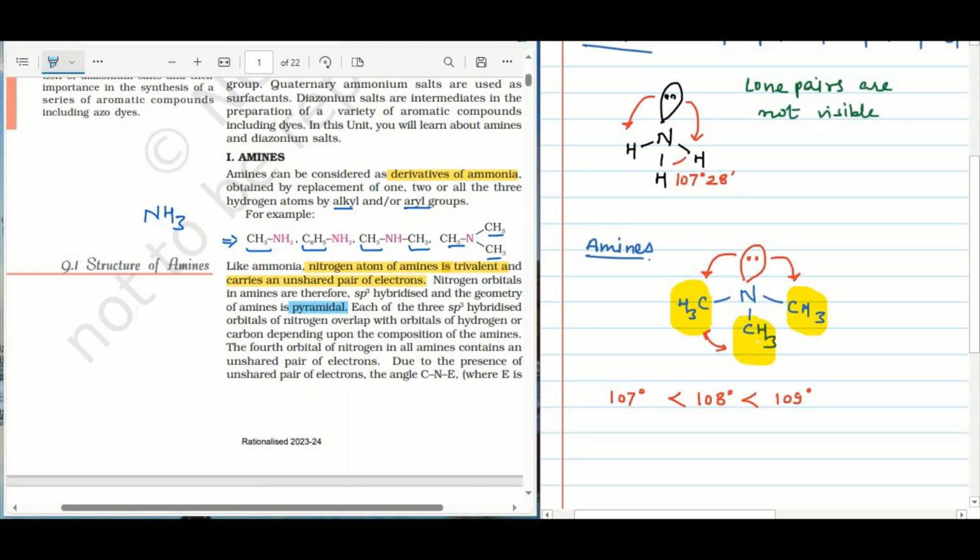That's why the shape of ammonia is pyramidal. Similarly, in case of amine also, these lone pairs are not visible. They are invisible in the geometry. That's why the shape of amine is also pyramidal.